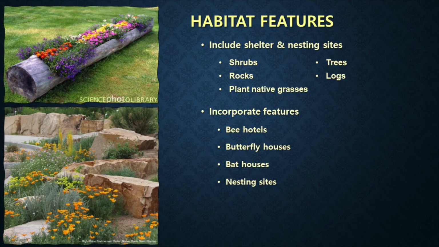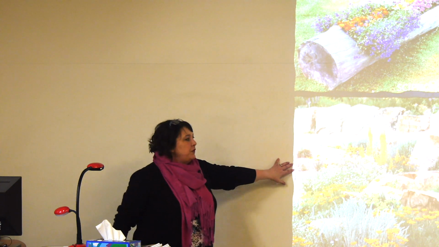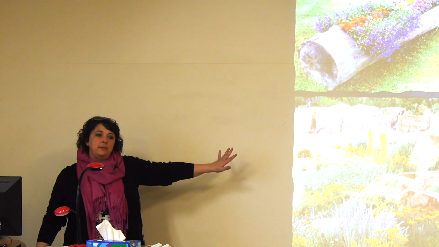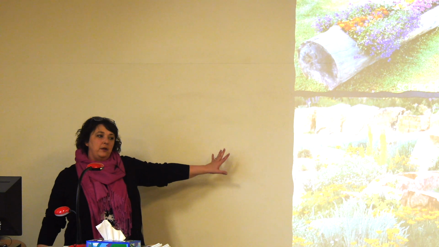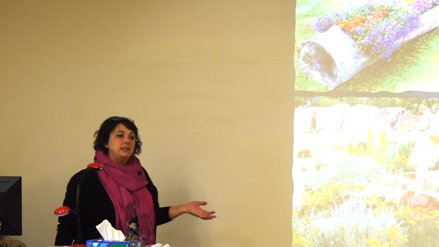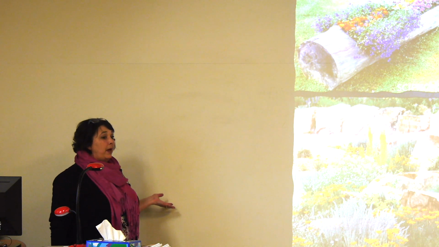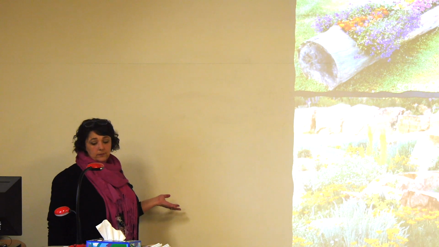And I love this picture, and I really want this at my house, but haven't quite convinced my husband that termites are worth it, so there's that. And if you can nestle those rocks in the middle of your pollinator or in the middle of your flowers and make it look more natural, that also gives insects a place to land, to warm up in the mornings.